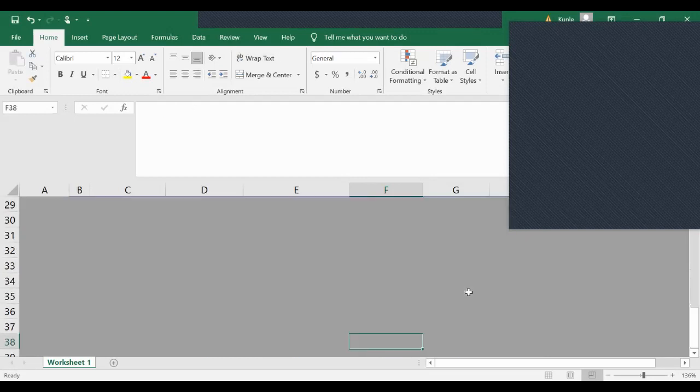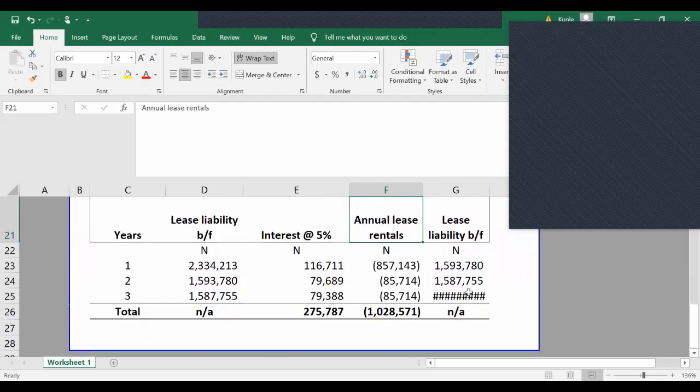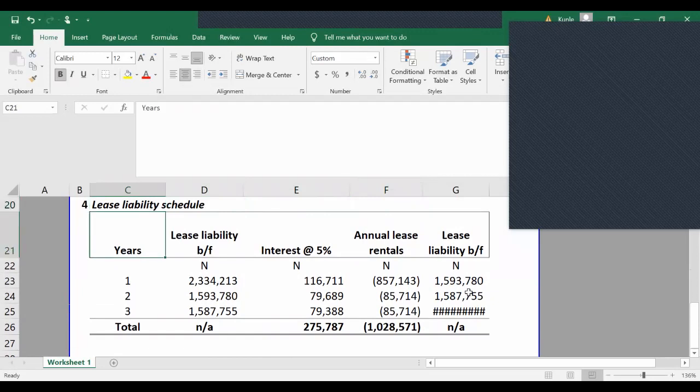So that is what we want to do here. So you have the years, you have your lease liability. You are paying this sum on a regular basis. This is the principal component of the amount you should pay over the 3 years. Do you understand? So 2.3 was invested at 5%.